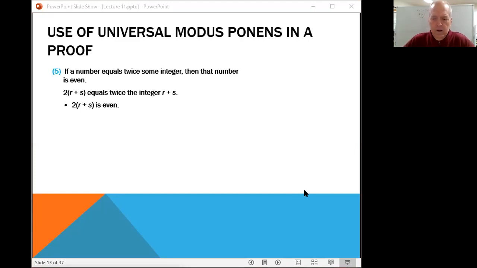Our major premise is a universal statement, and for our minor premise, a particular in that domain. Then our conclusion is the consequence of the if-then statement: when the hypothesis is true, the conclusion will likewise be true for a particular.